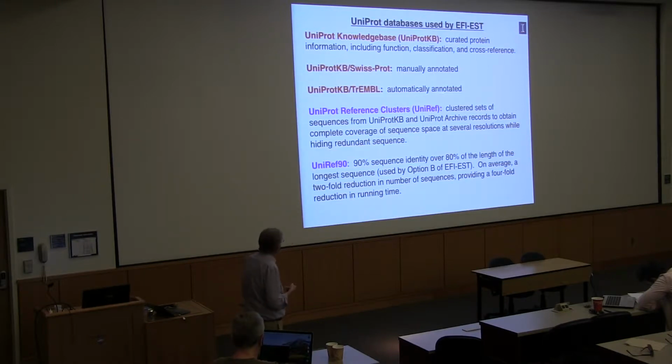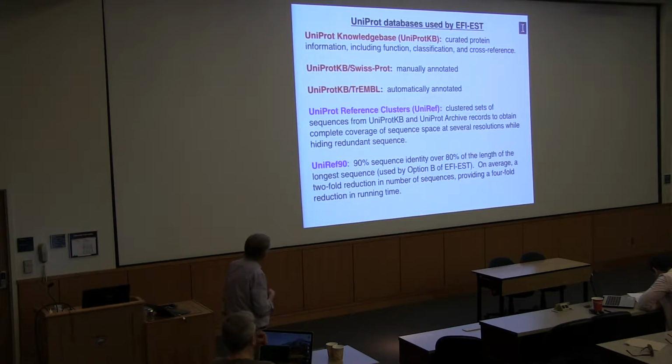This automatic annotation essentially uses BLAST, a sequence comparison, and it transfers the annotation from the closest sequence that's already in the database to a new one, and the problem is that is not always right, but that annotation gets in the database, and I would say as a result of that, probably 50% of the sequences in Uniprot have incorrect annotations, but that's sort of the state of the art.